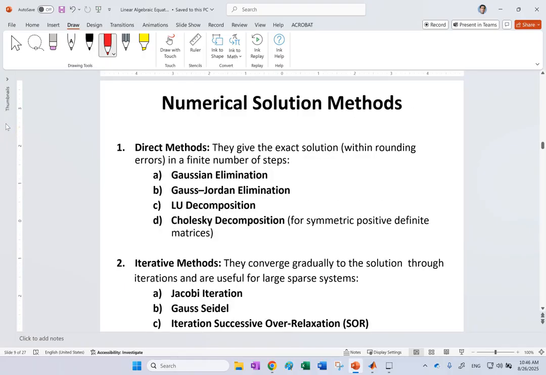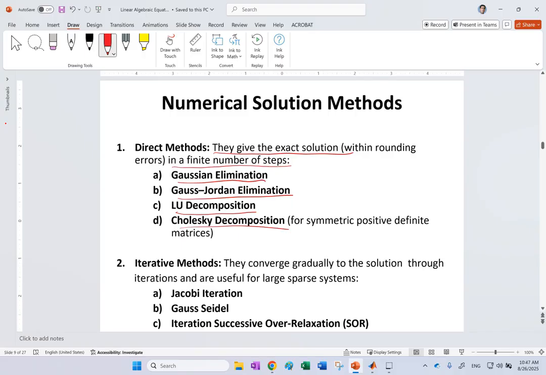So what are these two categories? Direct methods, which we're going to focus on in this video, get the exact solution in only a finite number of steps. They don't need a loop that keeps going; in a few steps, typically, they give you the answer. The main methods are Gaussian elimination, Gauss-Jordan elimination, LU decomposition, and Cholesky decomposition. These are the things we're going to look at in this video.